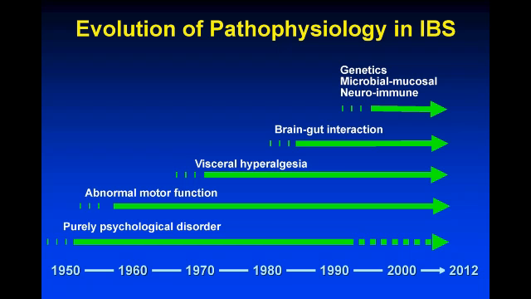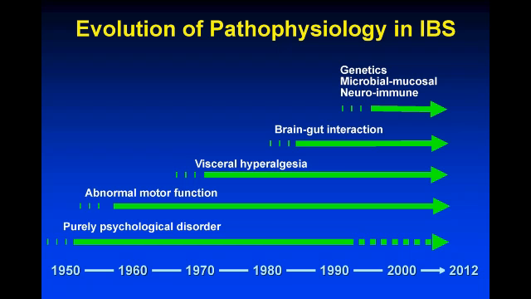And so then the work went into understanding visceral hyperalgesia, so having a lower pain threshold to any type of visceral stimulus. And then we've really evolved into understanding that there's a brain-gut communication and there's interaction between the two, and that can drive the abnormal physiology or the perception of visceral stimuli in these individuals.